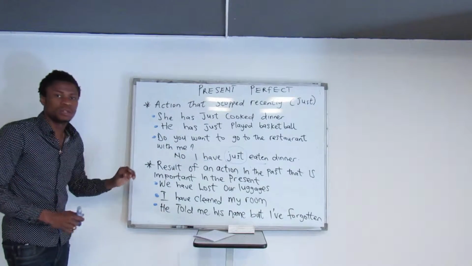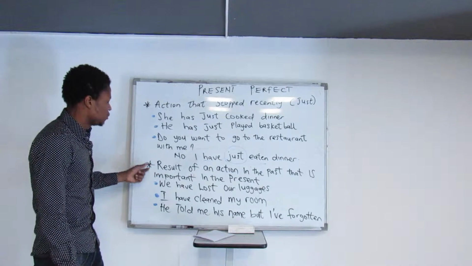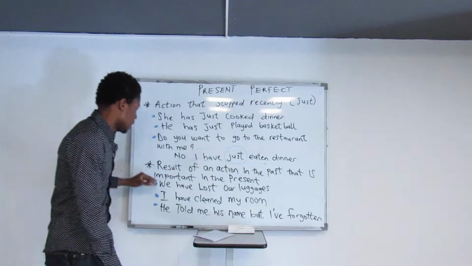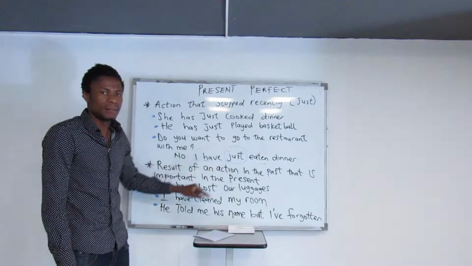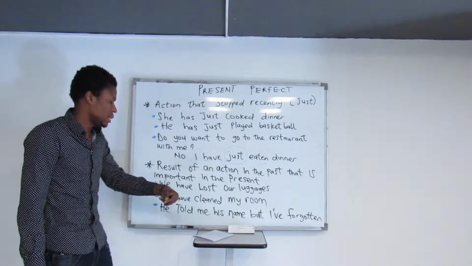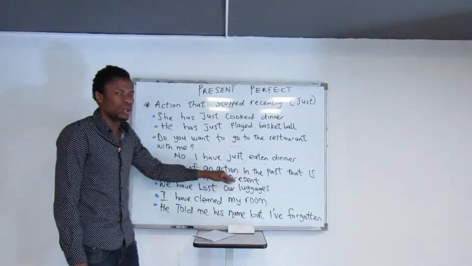Now let's look at the second use of present perfect. We use it for results of an action in the past that is important in the present. Look at some examples. We have lost our luggages.